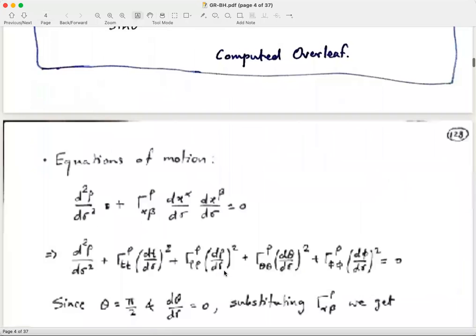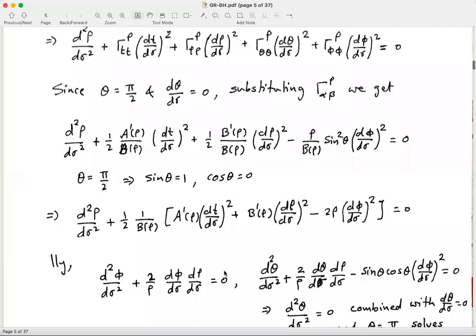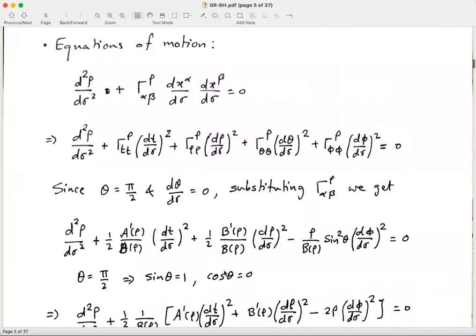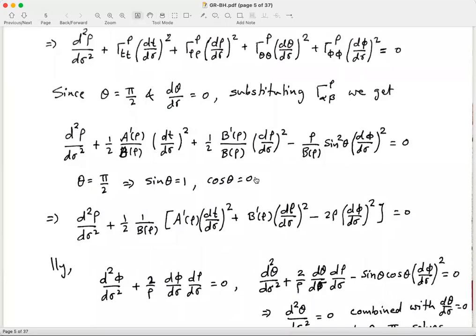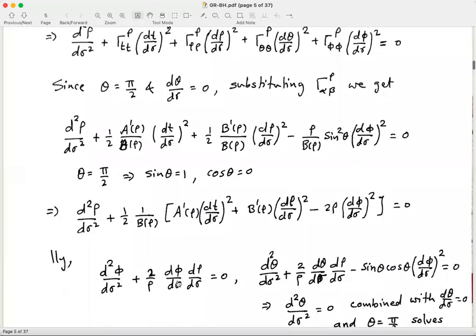Once you get these, you realize that these are the only non-vanishing ones, the other ones would just vanish. Okay, so what we did was we set up the equation and we looked at the rho equation, which contains all kinds of terms, but one of the terms contains d theta by d sigma, which would be 0 because that is our initial condition. One can use these to simplify this equation and write it in a particular form.